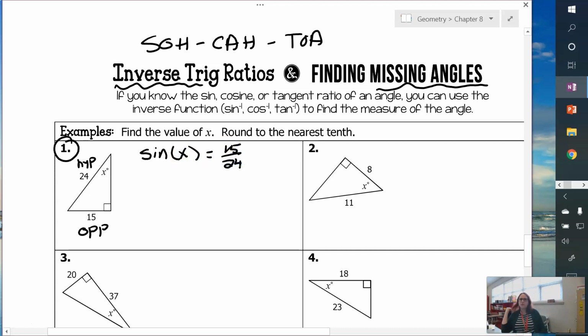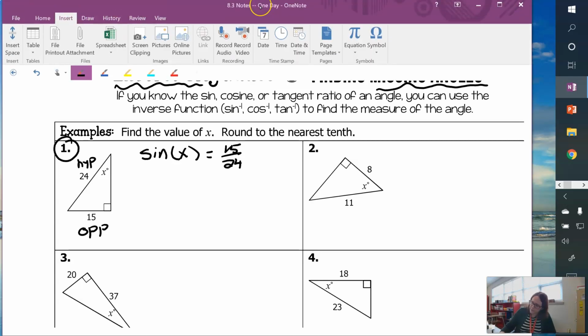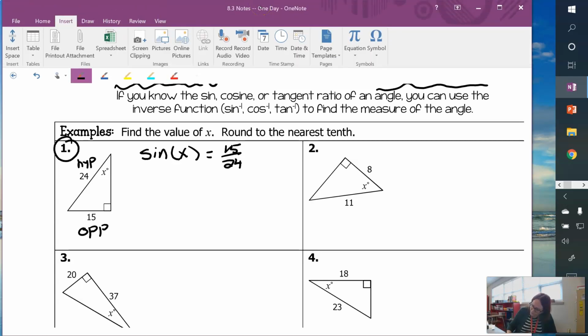So I wrote my equation. Now I need to solve for x. I do not divide by sine because x is not being multiplied here. So you're not going to divide by sine. That doesn't work. What you're going to do is inverse the sine. So I'm going to take the inverse sine of both sides.